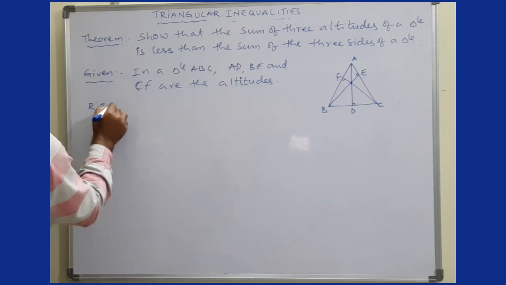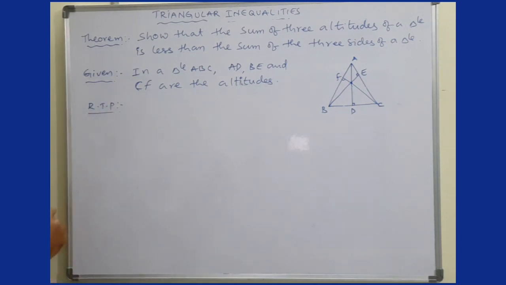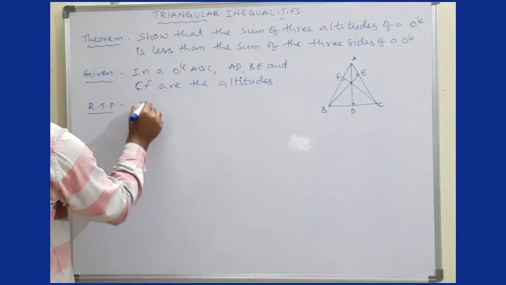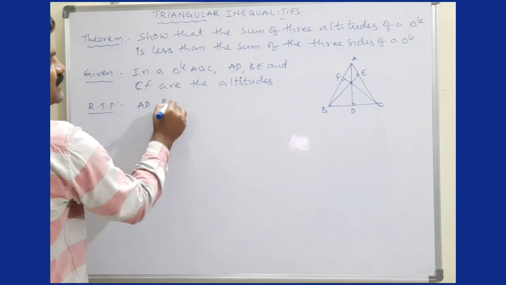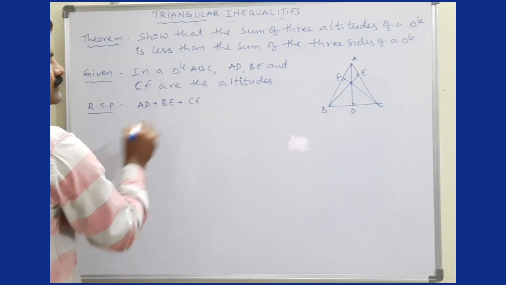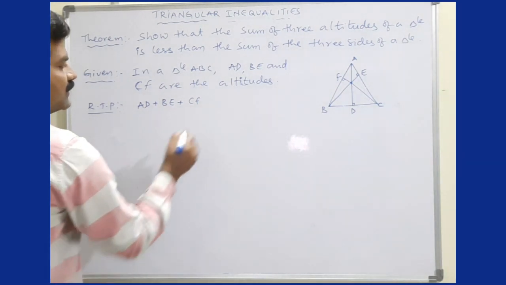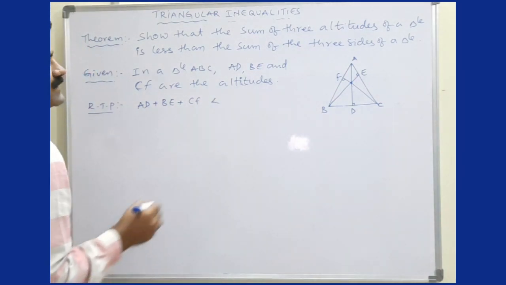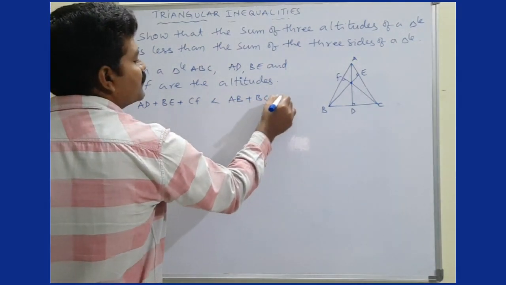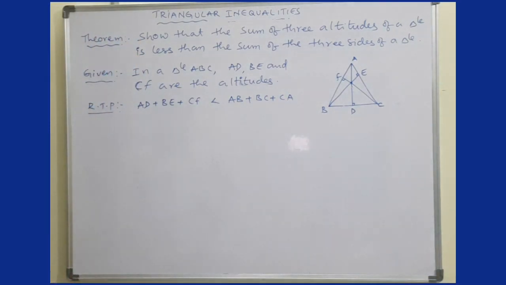What we are required to prove: the sum of the three altitudes. AD is one of the altitudes, BE is one more, and CF is one more. So the sum of these altitudes is less than the sum of the three sides, I mean AB plus BC plus CA. Isn't it?